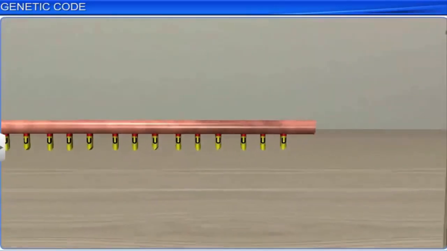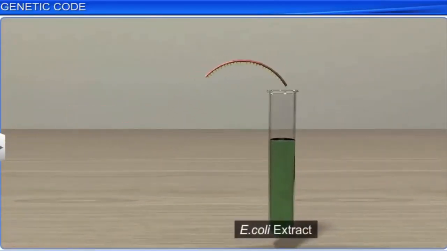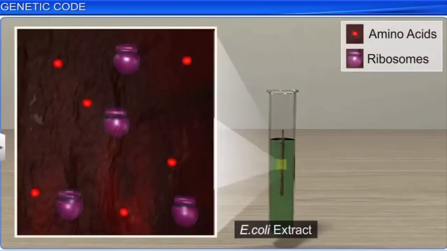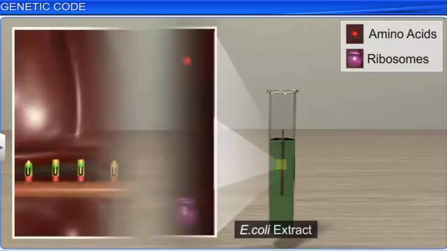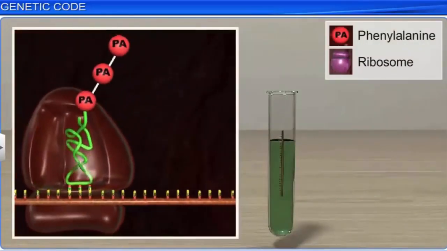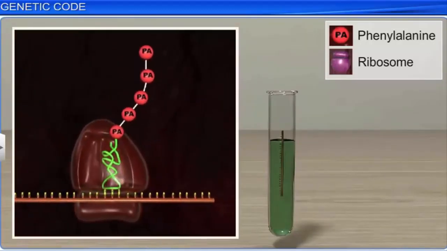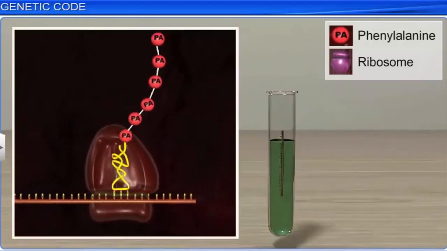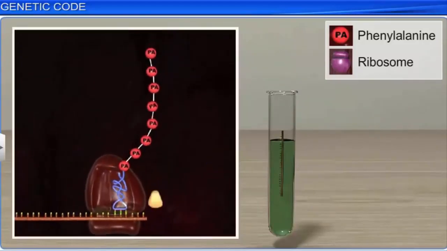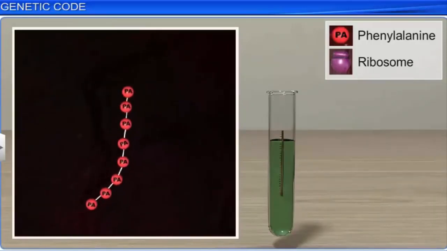The scientists then added artificially synthesized mRNA consisting of only one base, uracil, in the free cell system. The E. coli extract in the free cell system was now able to produce a protein chain made of one repeating amino acid, phenylalanine, with the help of the Severo Ochoa enzyme called polynucleotide phosphorylase that was present in the extract.